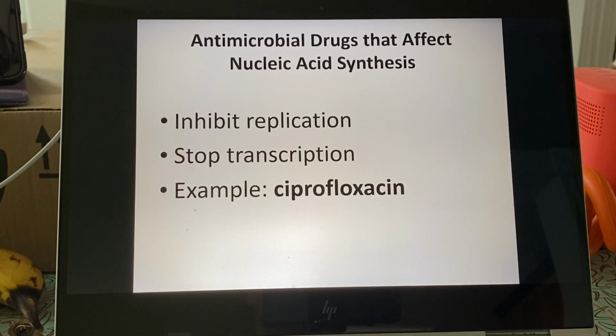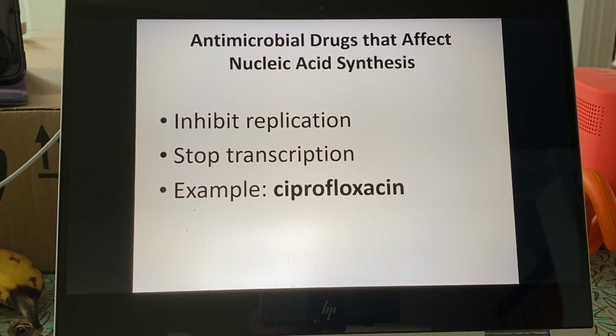Okay. When we talk about nucleic acid synthesis and affecting that, you can have drugs that inhibit DNA replication. And remember, the DNA replication is needed for cells to reproduce themselves. So you basically stop cells from reproducing. You can also stop transcription. So if you can inactivate RNA polymerase, then you're not going to produce messenger RNAs.